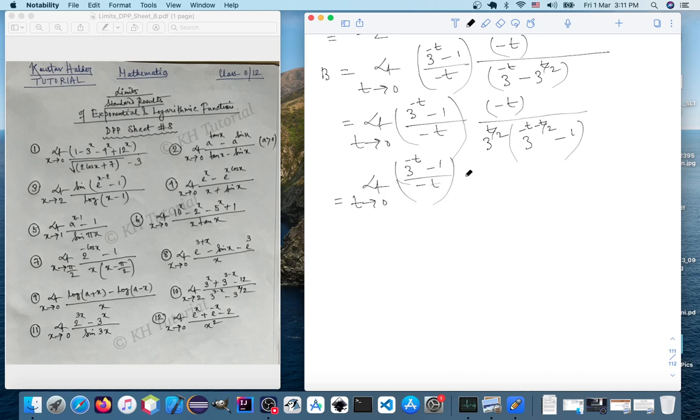This won't create any problem, and this is 3 to the power minus 3t by 2 minus 1. We would like to have minus 3 by 2 over here.